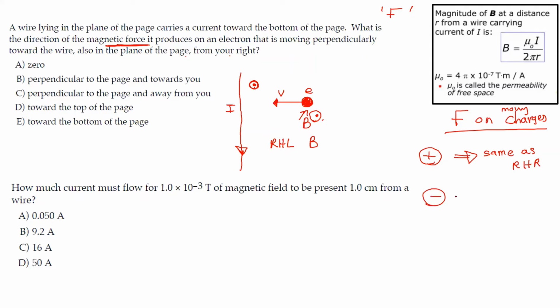If your charge is a negative charge, you have to flip it. Flip it means you flip the direction you get from the right hand rule. So here we have a negative charge, right? It is an electron.